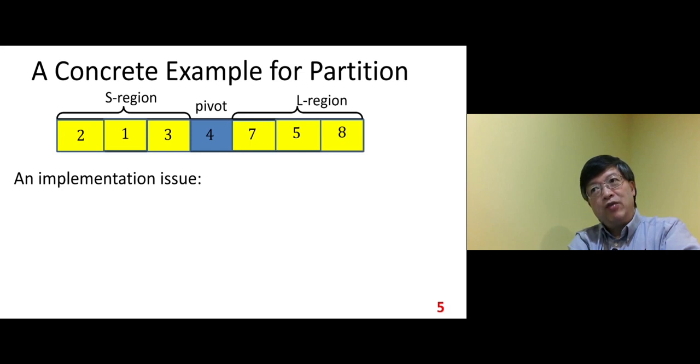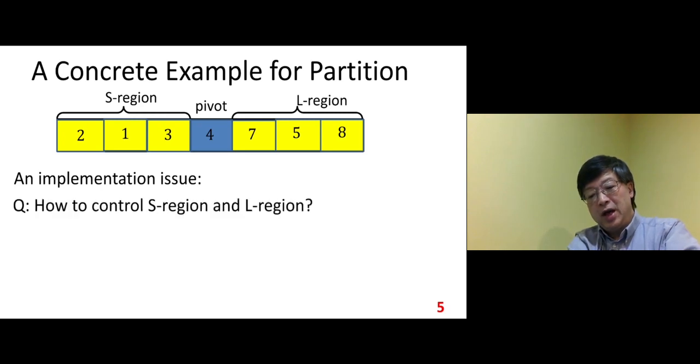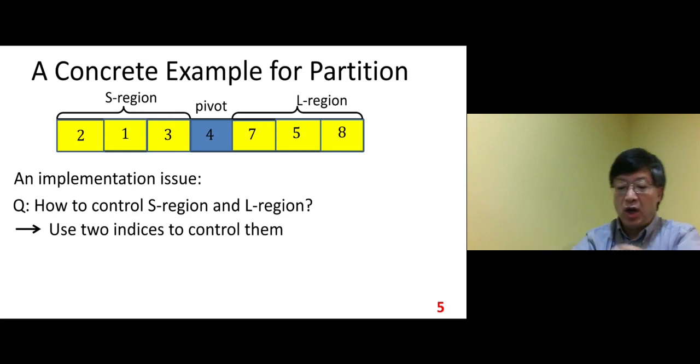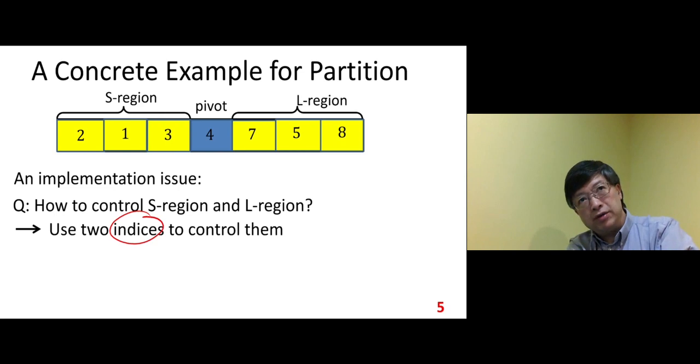But if we recall the implementation step, there are still some fine details we need to pay attention to. So here, question, how to control S region and L region? In our program, how do we manage S region and L region? Here the idea is very simple. We just use two index variables.